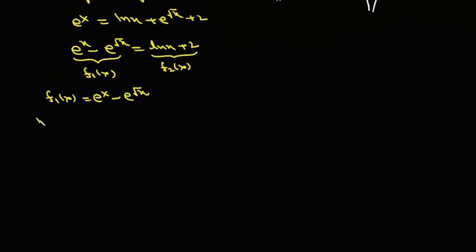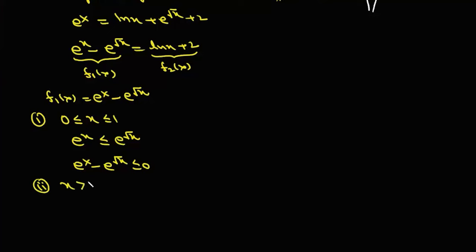Now we know that when x lies between 0 and 1, e to the power x will be less than or equal to e to the power root x, or e to the power x minus e to the power root x will be less than or equal to 0. And when x is greater than 1, then in that case e to the power x will be greater than e to the power root x, or e to the power x minus e to the power root x will be greater than 0.